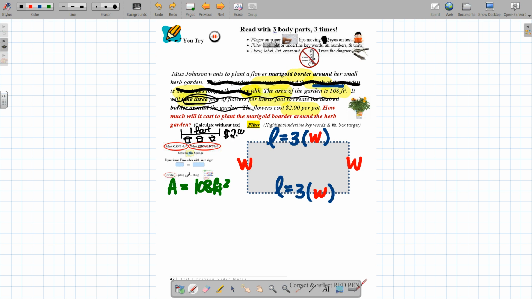We have W squared equals 36. The opposite of squaring is square rooting. You should have figured out that your width here is simply going to be 6 feet. So let's plug this in. Our width is 6 feet, and that means our length is going to be 3 times 6, which is 18. Come down here, let's find our border. 2, circle the L. 18, we plug it in.